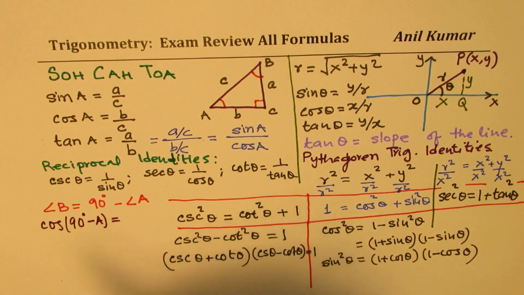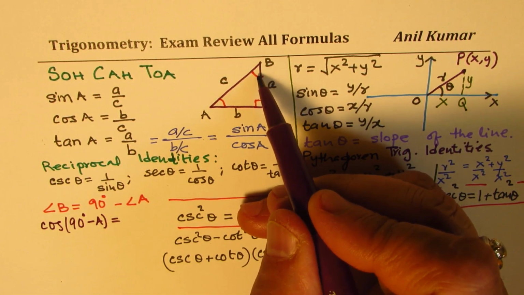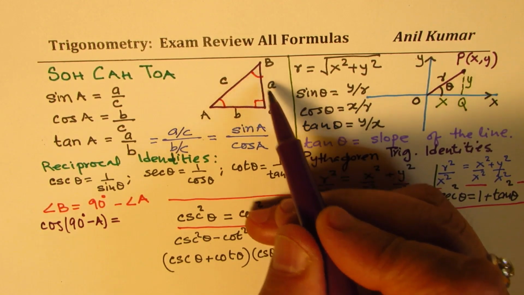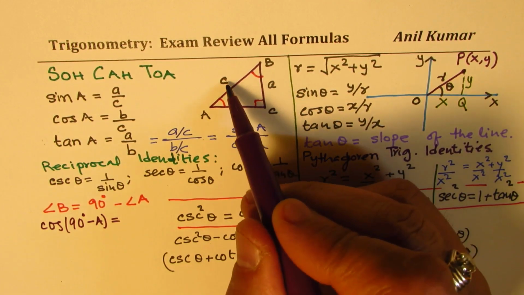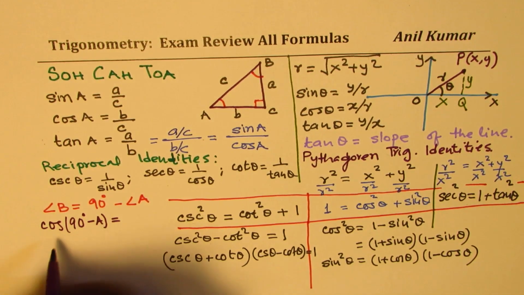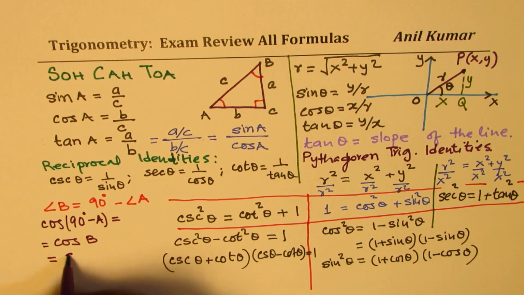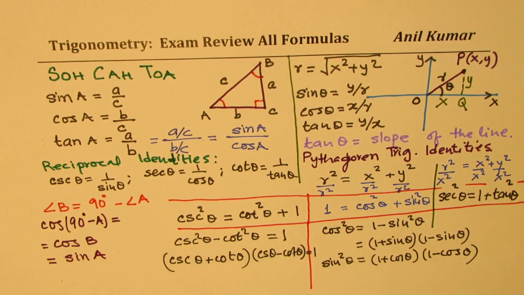Now when I say cos of 90 minus A, I'm actually looking at this triangle from the angle B, right? So that is cos of B. Cos of B will be A over C, which is the same as sine of A. So cos of 90 minus A could be written as cos of B and can also be written as sine of A. Now this is very important to understand. So that is how we can at times relate the 90 minus A type of angles.